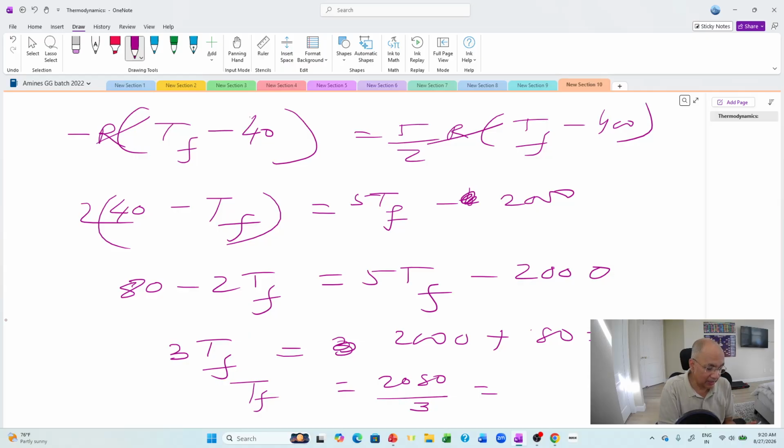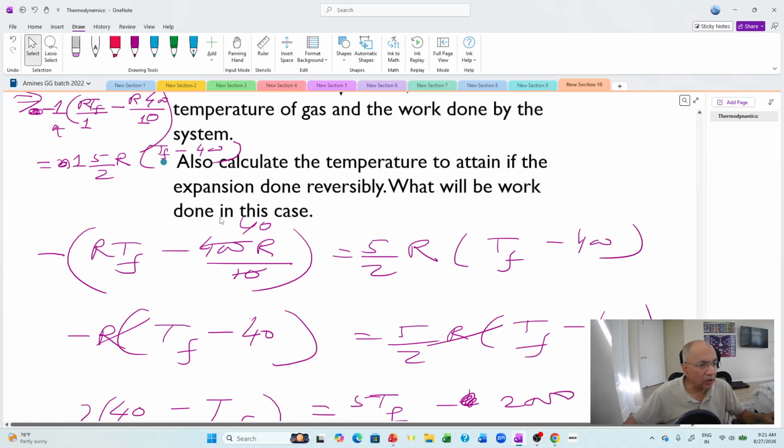Tell me, if you have a calculator with you, you can also calculate. 2080 by 3. So it is, oh no, something is wrong. Something is going wrong.